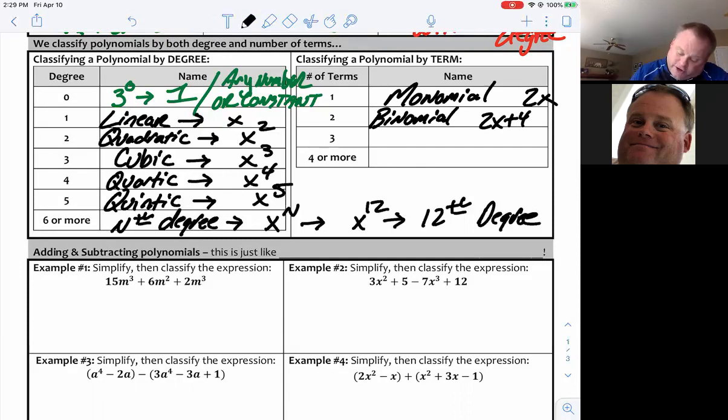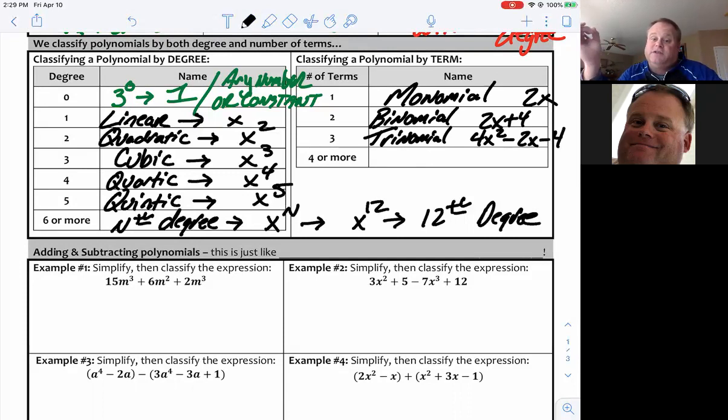3 terms are called a trinomial. Let's say 4x squared minus 2x minus 4. 3 terms there, written in standard form: highest power to lowest, constant goes last. And that is called a trinomial. Anything 4 or more is simply referred to as a polynomial.